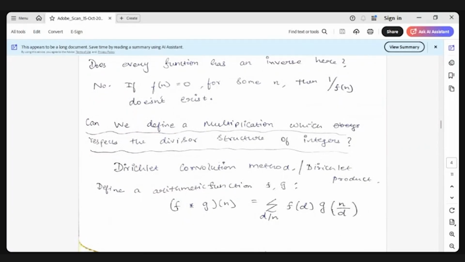F convolution G, let us call it star. F star G of n is equal to the summation over d dividing n of f of d times g of n by d, where d is a divisor of n. This is how we define the Dirichlet convolution or the Dirichlet product.